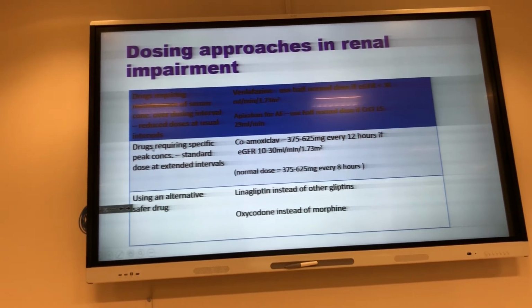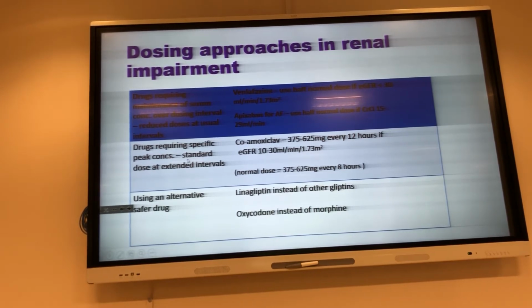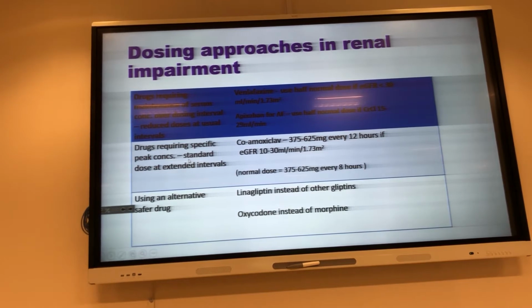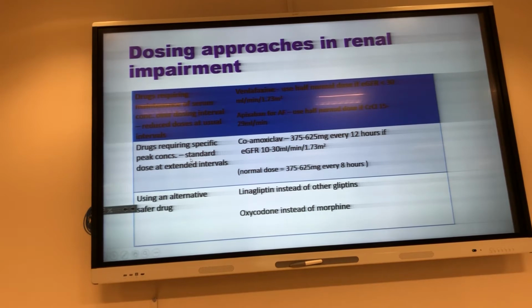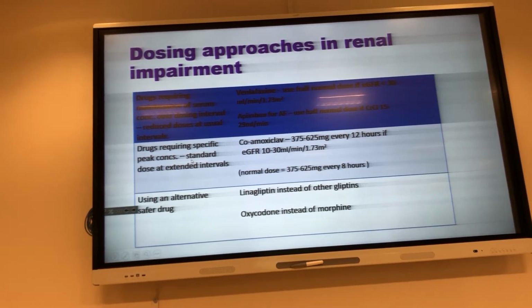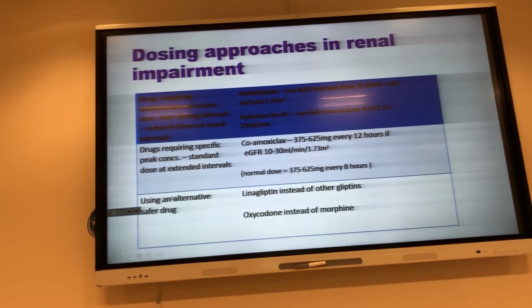Another approach is for drugs that can be given at the same dose as normal patients, but at an extended interval. So instead of giving co-amoxiclav every 8 hours for these patients, we give exactly the same dose, but every 12 hours. But it's usually better to give alternative drugs when we can.